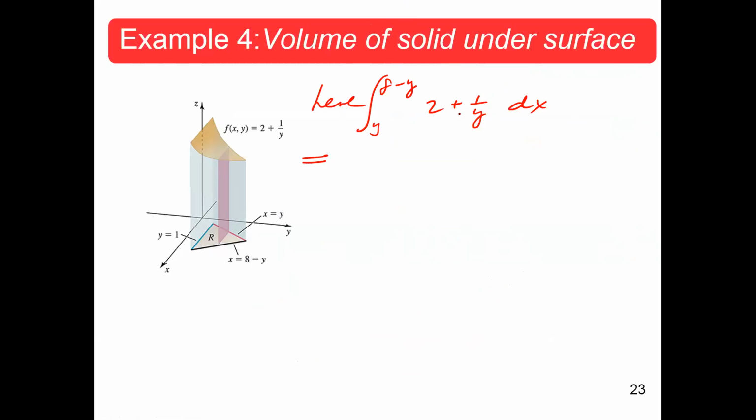All right, is the antiderivative easy here, guys? Yes, because there's no x at all. So 2 plus 1 over y will just be the constant, and we should just multiply by an x for its antiderivative. And my x goes from y to 8 minus y.